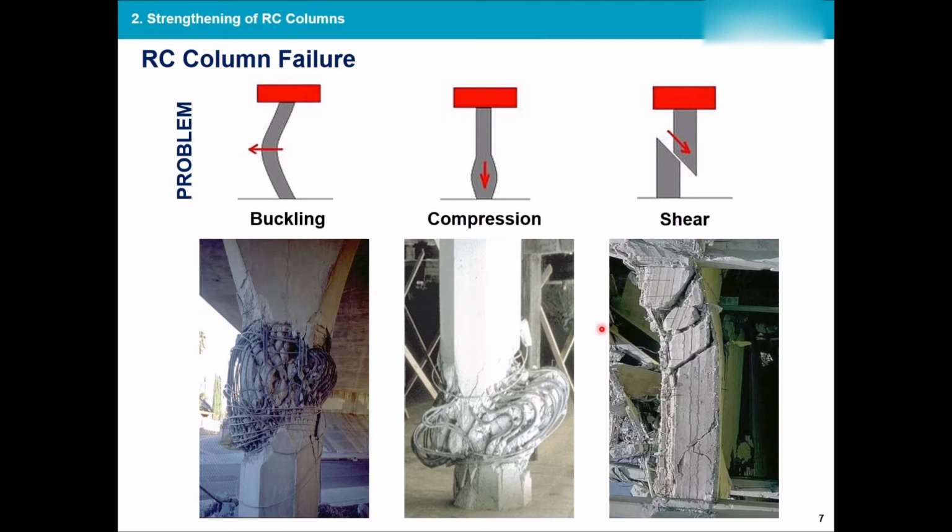So the column can fail in either of these three situations. It will either buckle, as you can see here. You can see the buckling of the steels as well, and this buckling will push all of the transverse reinforcement or the shear reinforcements away from that stomach, and then the core concrete will be loosened and it will lose its old strength.